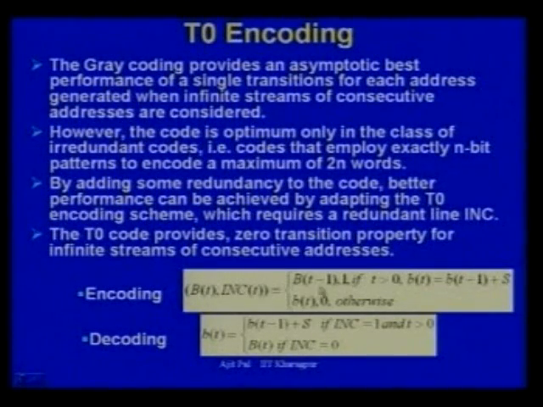Of course, if it is not so, whenever a subroutine call takes place, a branch takes place, or an interrupt occurs, then you have to send the original data, and in that case there will be transitions. Asymptotically, the number of transitions approaches 0 in T0 encoding if you keep on sending consecutive addresses. That is why it is very effective in address encoding.